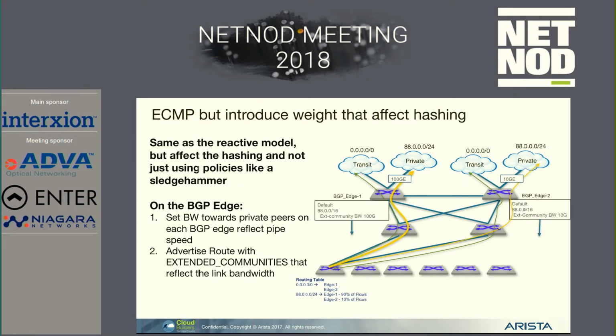The last advice here is actually to add something to BGP that is called weights. That is, you have bandwidth as a BGP attribute that you advertise down to your leaves. So in this example, you have a community for my 10 gig private connection and another community for my 100 gig connection, and I advertise that down south into my data center.